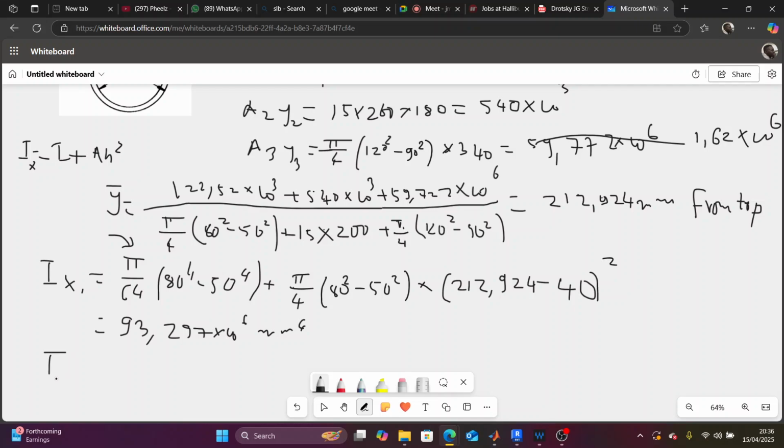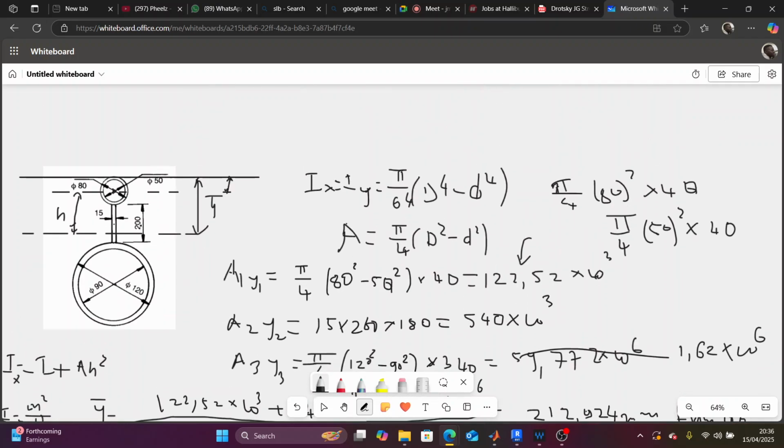Can we do Ix2? What is Ix2? It's the rectangle, right? For the rectangle, you know I is b h cube over 12. First of all, we know that the rectangle's center is here. So what we need is this distance h.